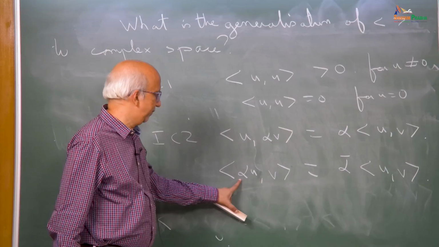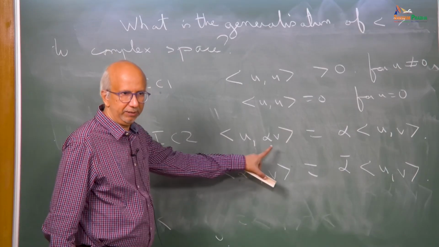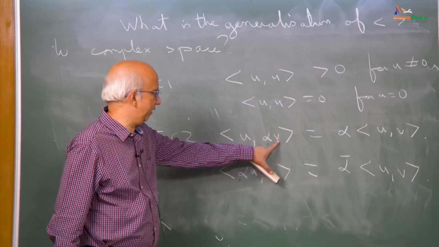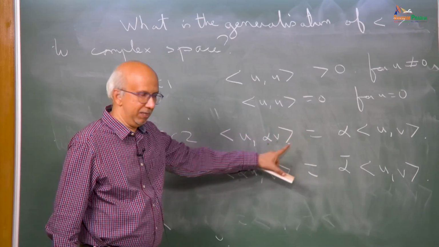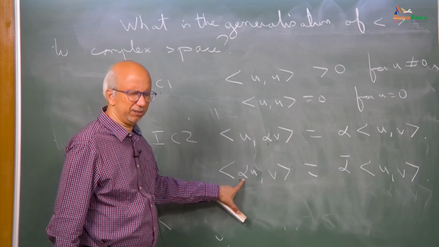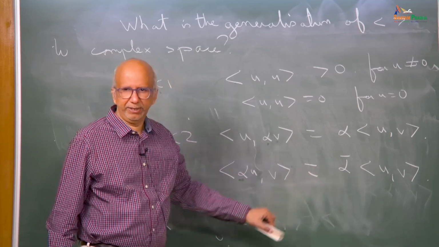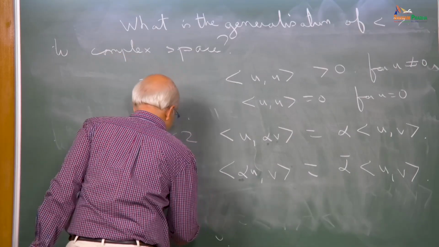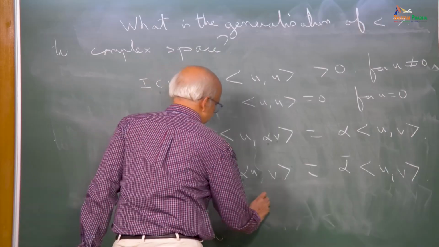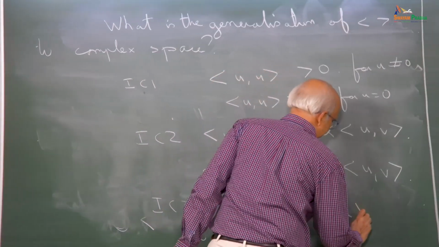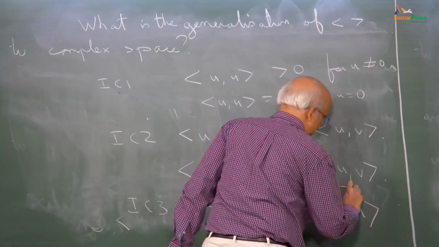So, basically I have two vectors. If the scalar, the field variable, is multiplying the second one, I take it out as it is, but if alpha multiplies the first vector, I take the conjugate, okay. And third, the inner product of U with V is equal to the inner product of V with U, complex conjugate.